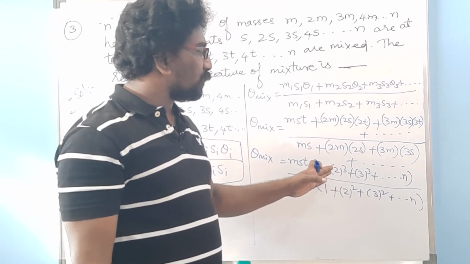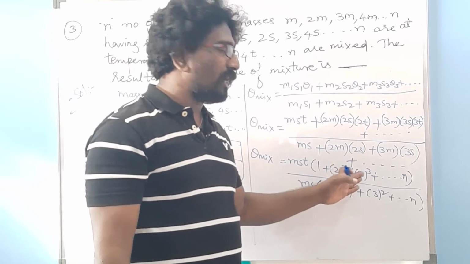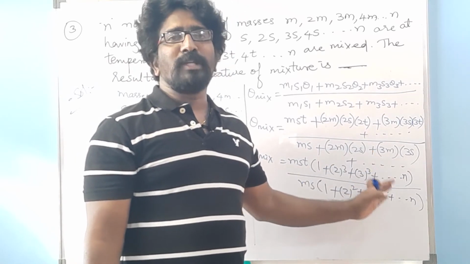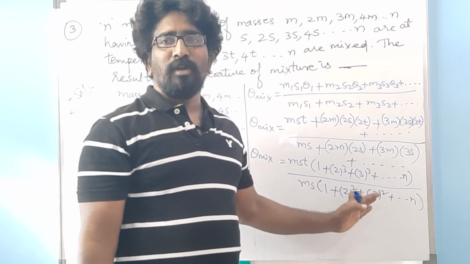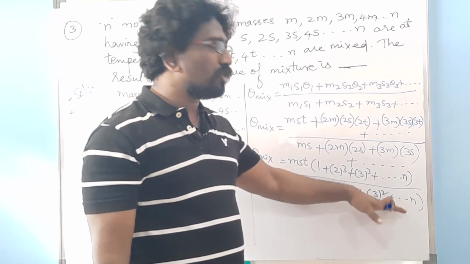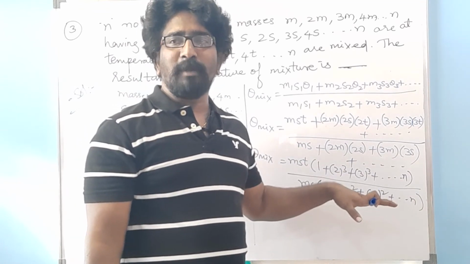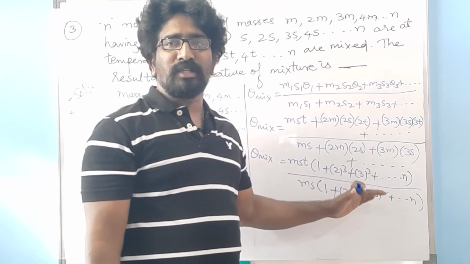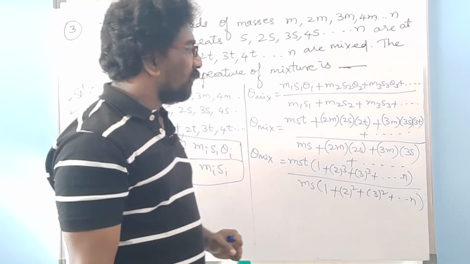So 1 cube plus 2 cube plus 3 cube plus so on up to n numbers is equal to n square into n plus 1 whole square divided by 4. Then the series 1 square plus 2 square plus 3 square plus so on up to n will become n into n plus 1 into 2n plus 1 divided by 6. So that is the formula which you have studied in your school days.